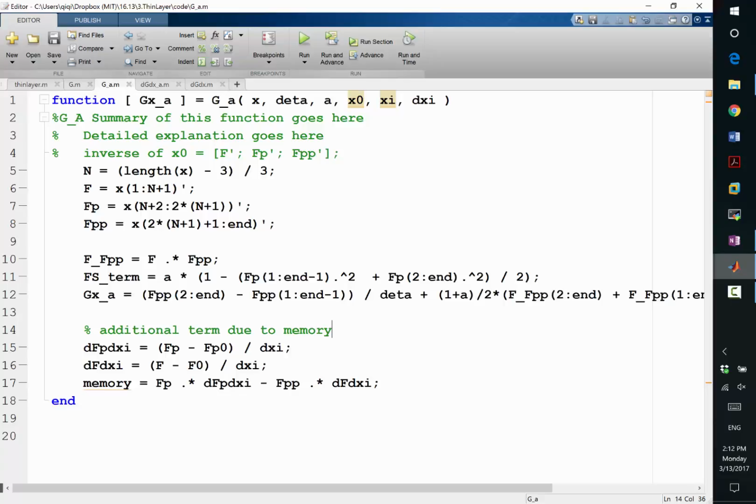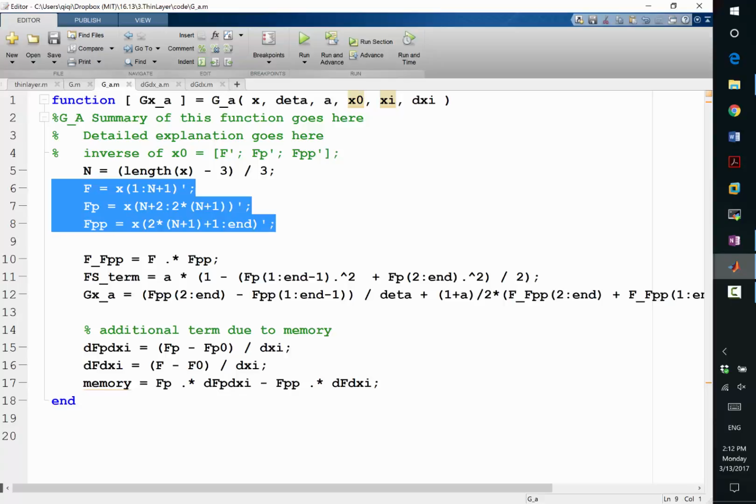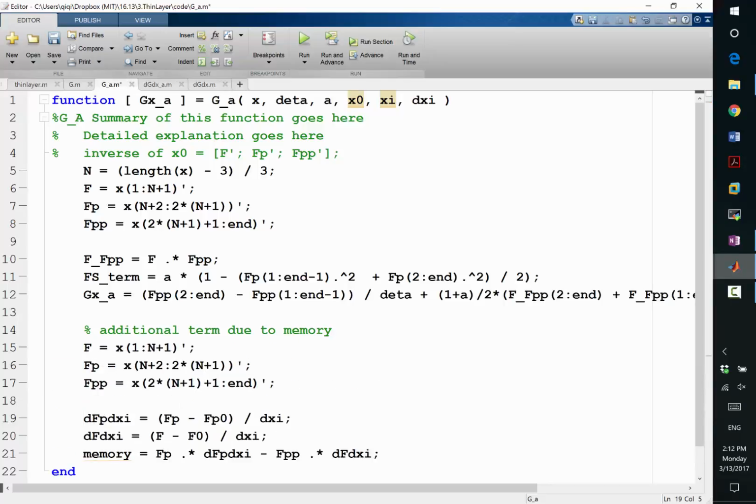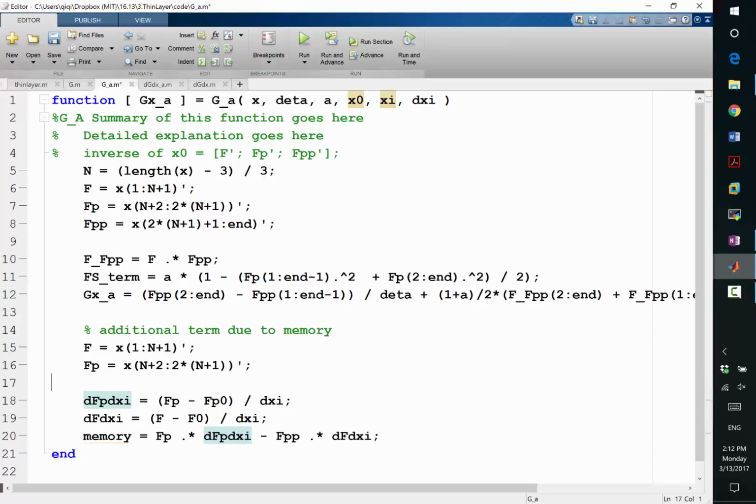But luckily we have x0, so let's just copy these lines and put it here. I don't need the fpp0, only f0 and fp0, so let's add the zeros here. And now we have everything we need to compute the memory term, right?